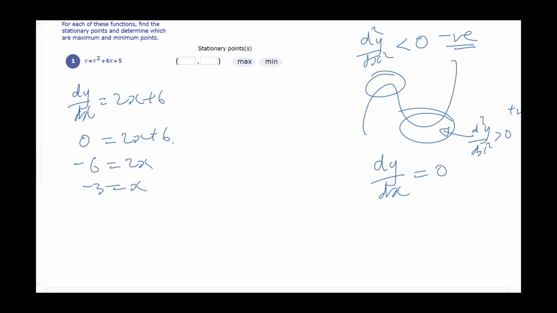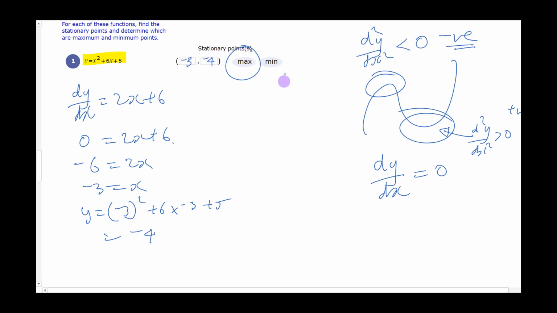We can find the y value by putting minus 3 in here. So y will equal minus 3 all squared plus 6 times minus 3 plus 5. So that's 9, minus 18 is minus 9, plus 5 is minus 4. So we have a stationary point at minus 3, minus 4.